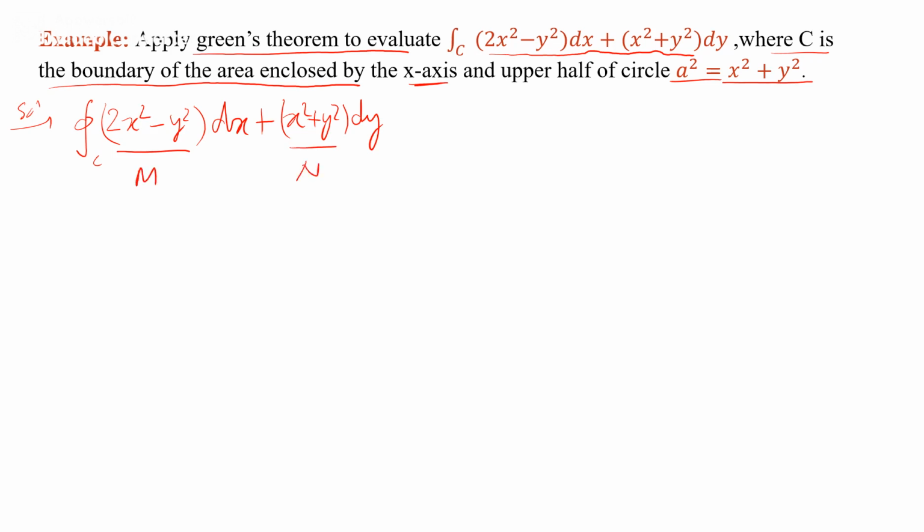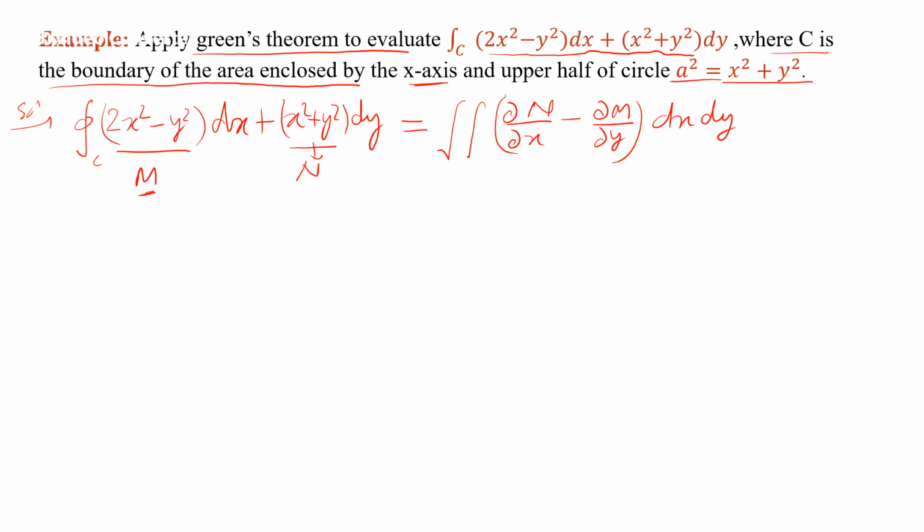By applying the Green Theorem, we write the double integral of the partial derivative of N with respect to x minus the partial derivative of M with respect to y. Please remember, M is the coefficient of dx and N is the coefficient of dy. So we write dx dy.